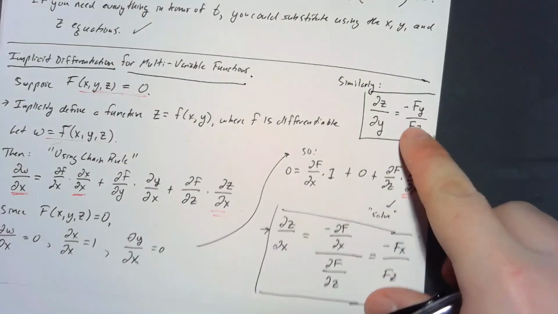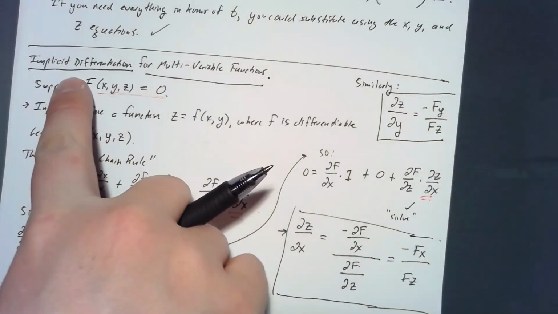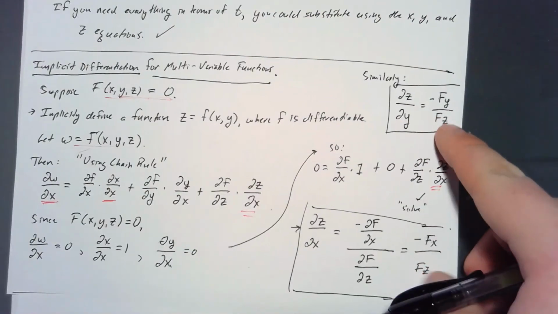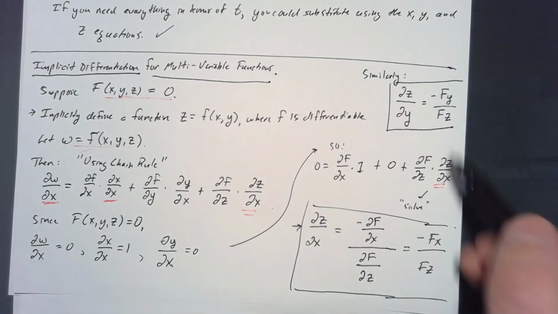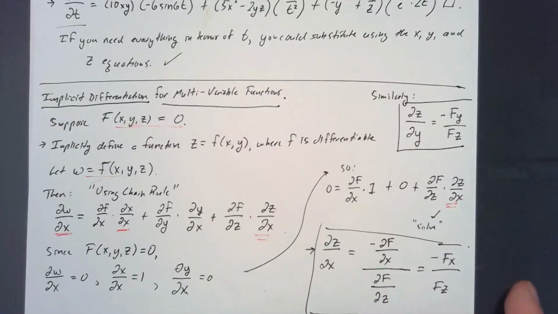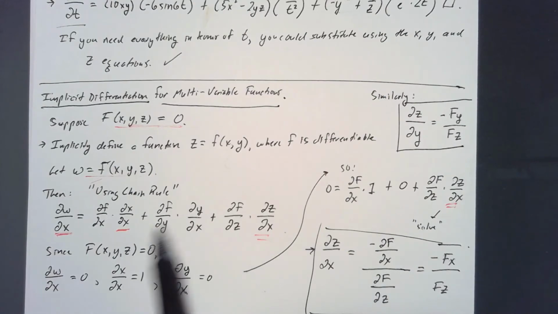So if you want to find either partial for implicit differentiation, you could use either one of these two formulas. These are the two you need to know. Okay? Again, don't worry about the derivation so much. So if I go to the next page, let's do an example. And then that'll be it for this section.